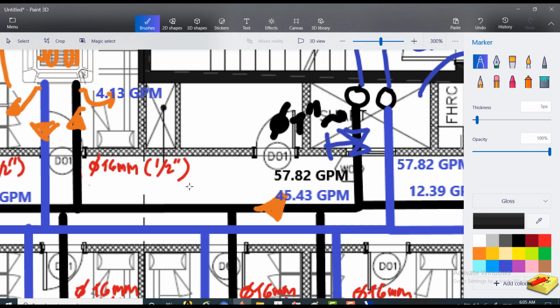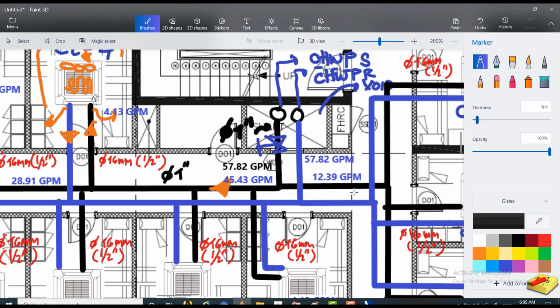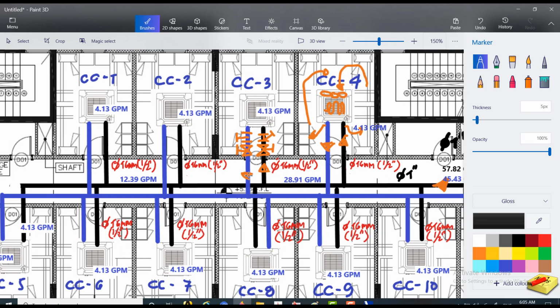So we're putting here also 1 inch, and the same also here. One inch. Distributing the system, so we'll be putting here also 1 inch.